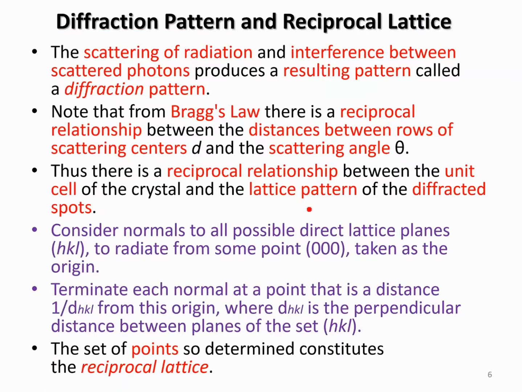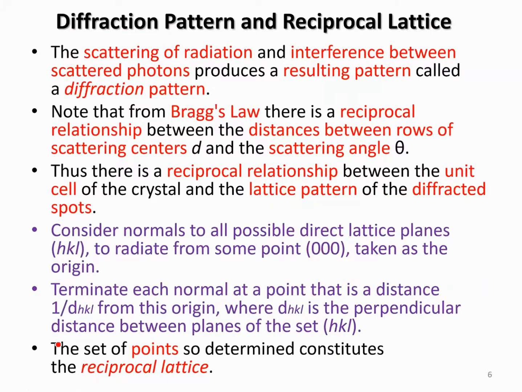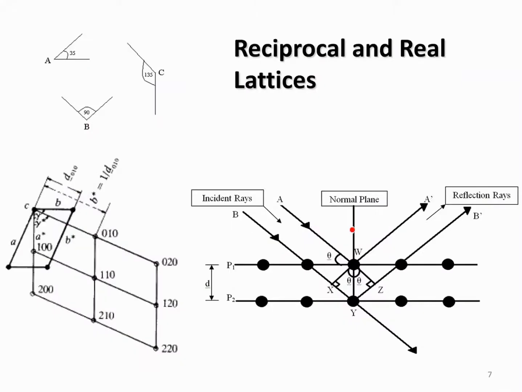From the Bragg law, we have sine theta proportional to 1 over d: sine theta is the reciprocal lattice, and d the real lattice. Just like g proportional to 1 over t, reciprocal, real. So now we consider normal to all possible direct lattice planes, like this one.